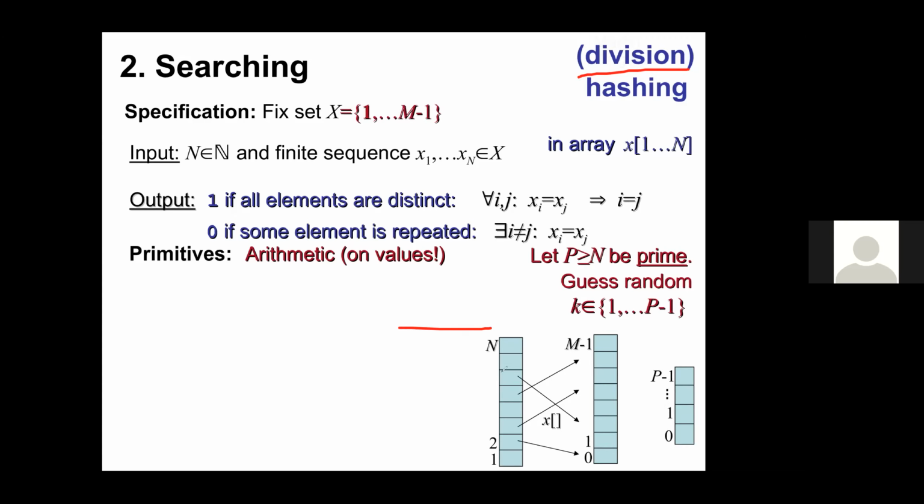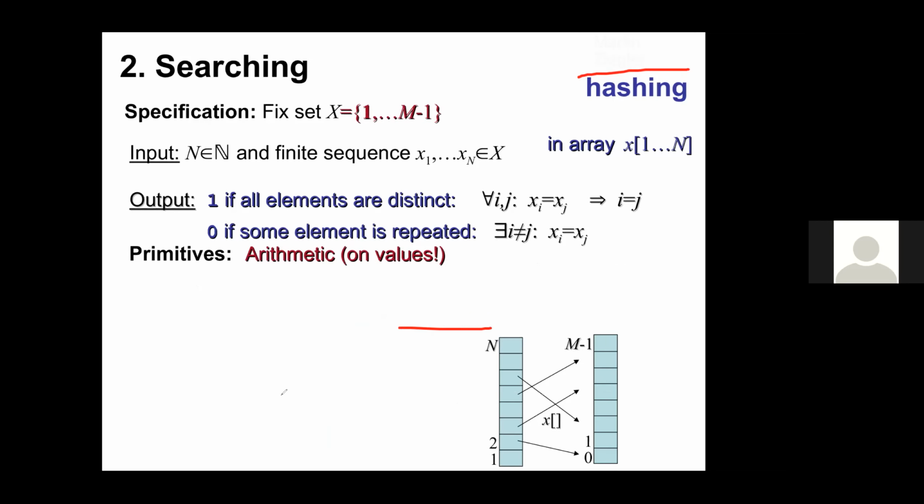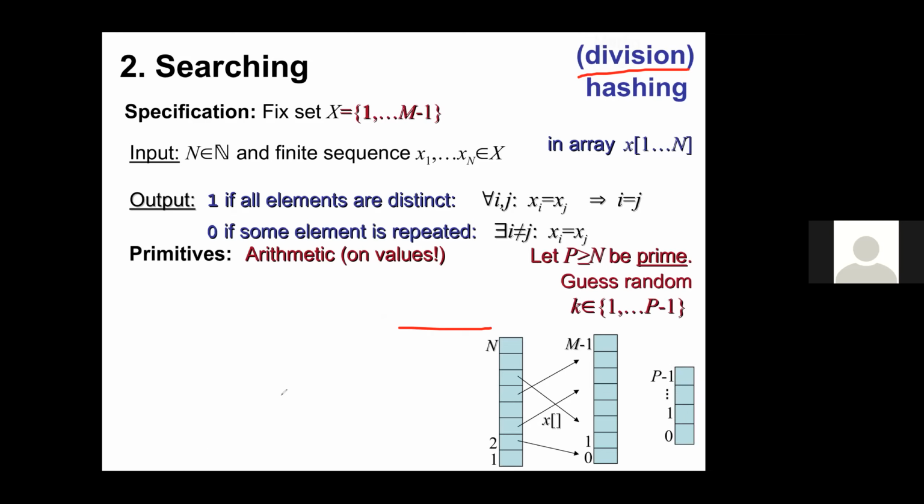And then you have two problems. The first problem is that you cannot store xn as the index in this array, because there are more possible values of xn than there are elements in the array p. There are simply too few elements here compared to the possible values of the set x. So I cannot store the value of some xn as an index.